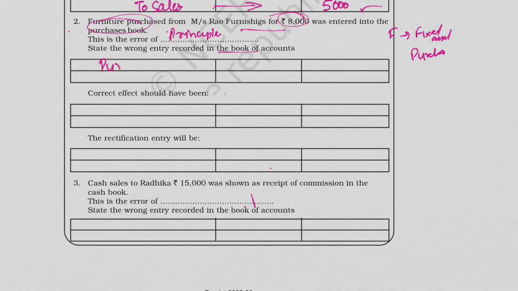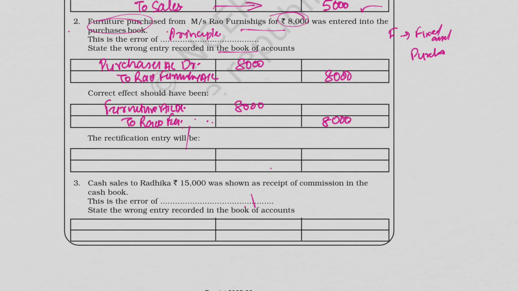We have recorded it as purchases account debit rupees 8,000 to Rao Furnishings account rupees 8,000. Correct entry should have been furniture account debit rupees 8,000 to Rao Furnishings rupees 8,000.